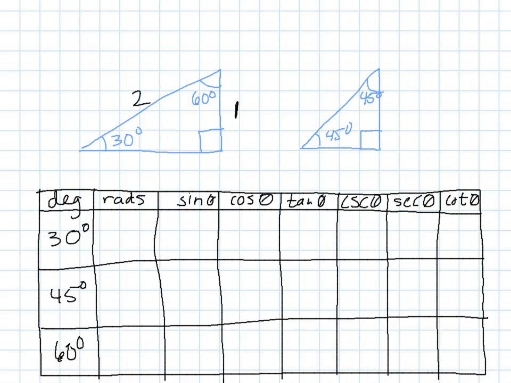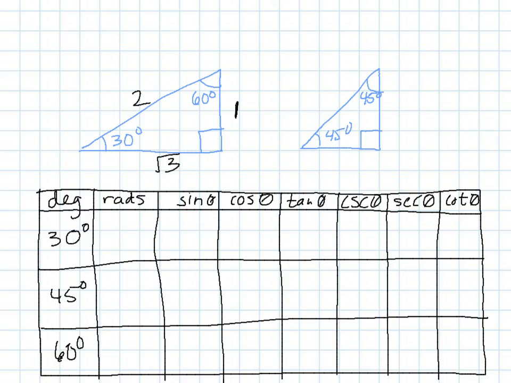So in this case it would be 2. And the longest side that's not the hypotenuse would be the shortest side times square root of 3. So here in this case we'd have 1 times square root of 3, which is square root of 3.